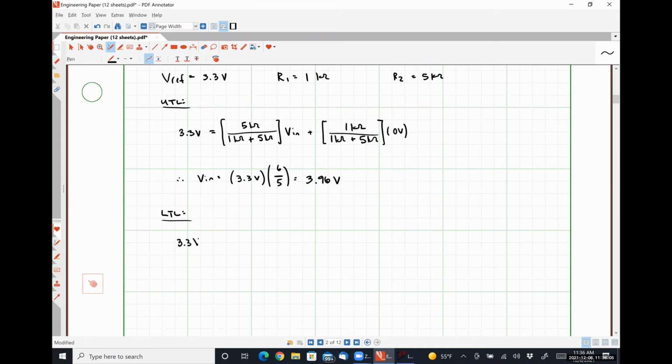So we'll have 3.3 volts is equal to 5 kilo ohms over 1 kilo ohm plus 5 kilo ohms times Vn, which is our variable of interest, plus 1 kilo ohm divided by 1 kilo ohm plus 5 kilo ohms.